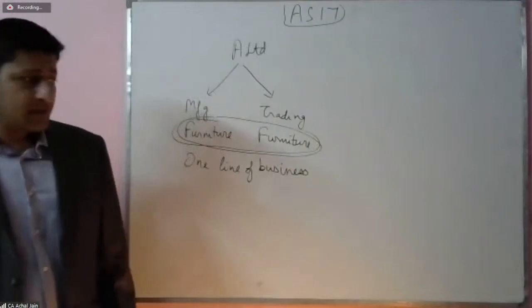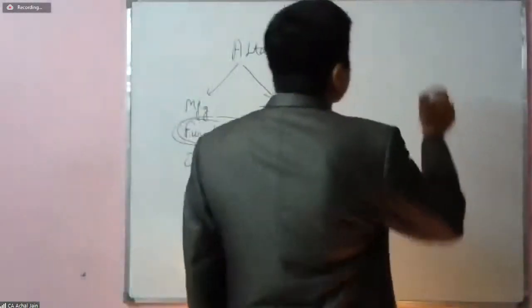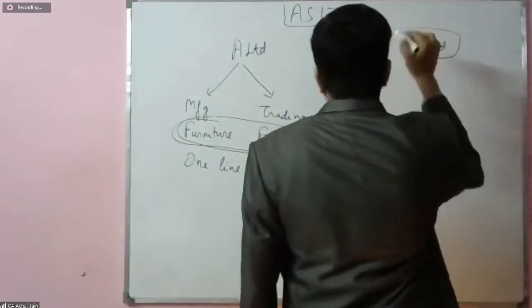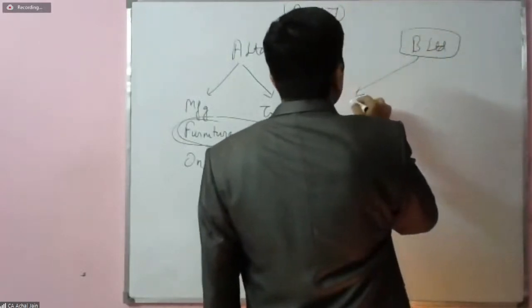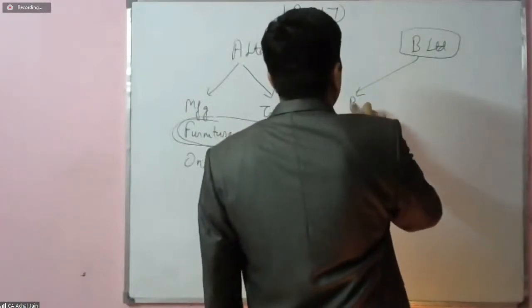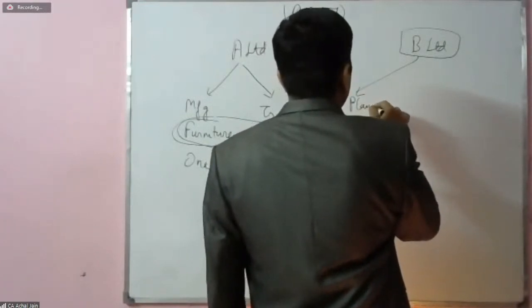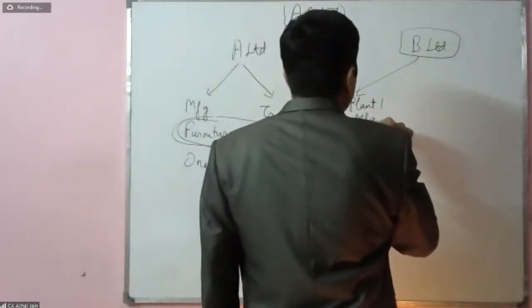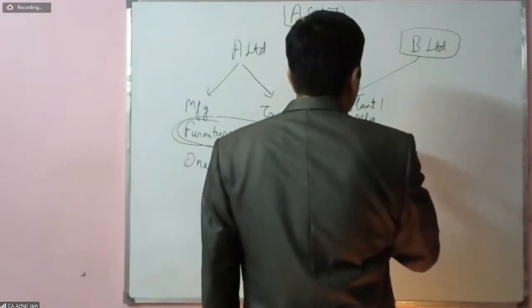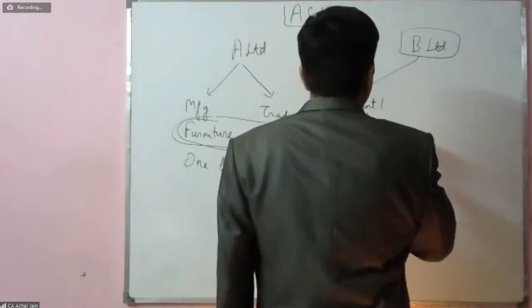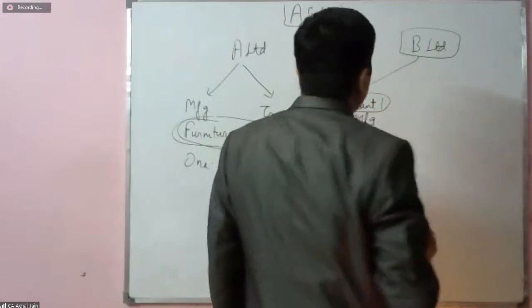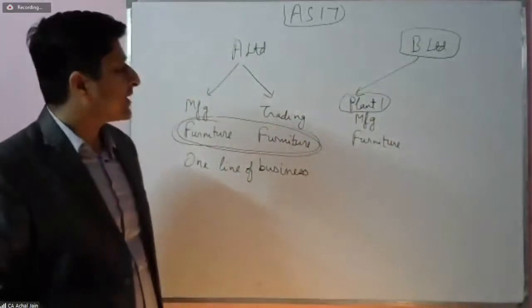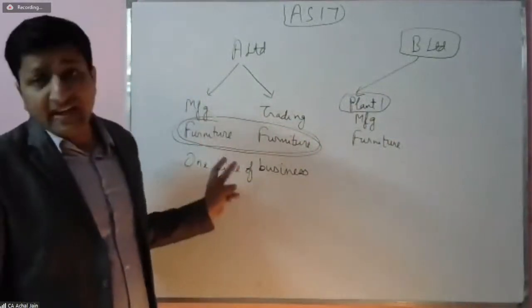Let's look at another company, B Limited. Now B Limited has got Plant 1, wherein it is manufacturing furniture which is also sold outside, similar to what A Limited is doing.